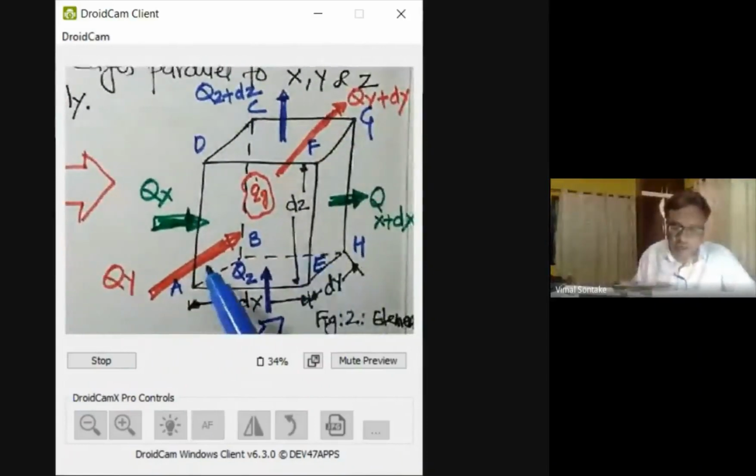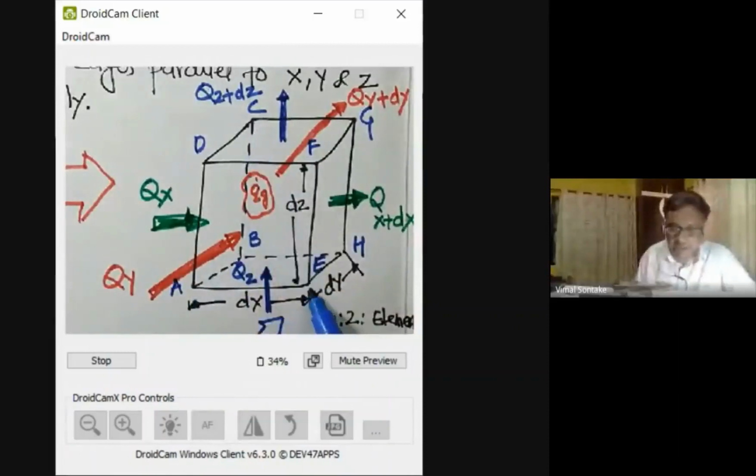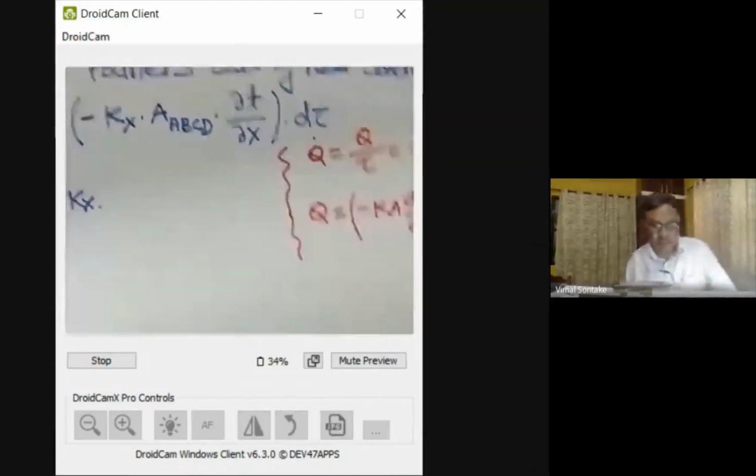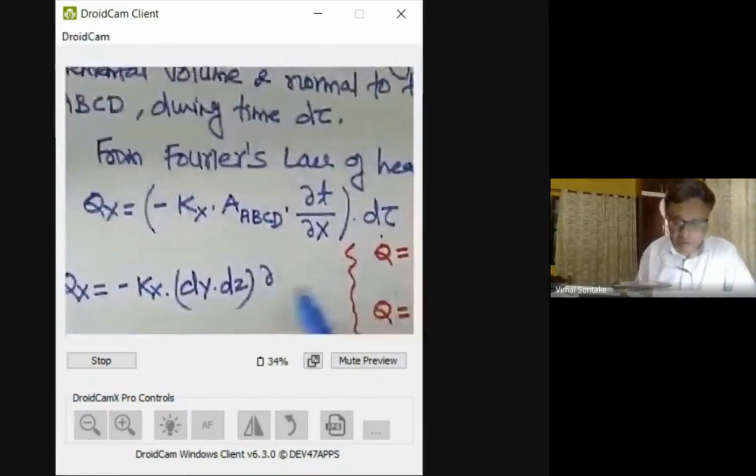Area normal to heat transfer is nothing but AB into BC. AB is nothing but dy and BC or AD is nothing but dz. So the area normal to heat transfer ABCD will be dy into dz. So let us put this area into this equation: dy into dz, del T over del x, multiplied by the time interval d tau.